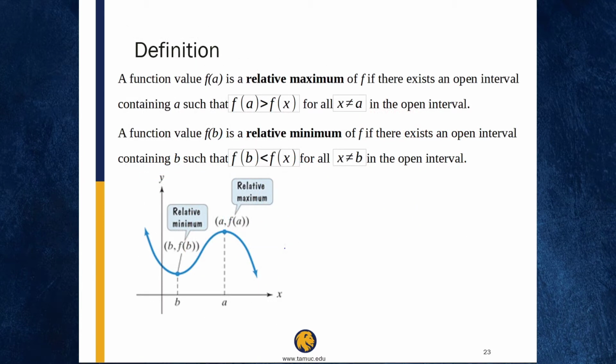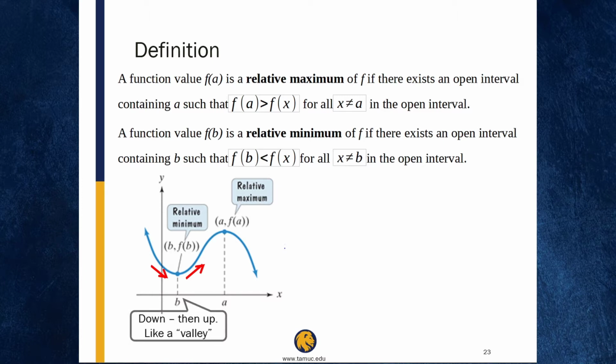Connected to the idea of increasing, decreasing, and constant are the relative maximums and relative minimums, sometimes referred to as local maximums and local minimums. Basically, a relative minimum is where the graph goes down to a point and then immediately comes back up again.